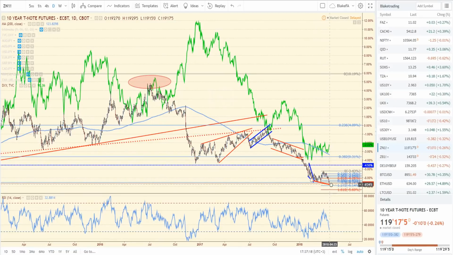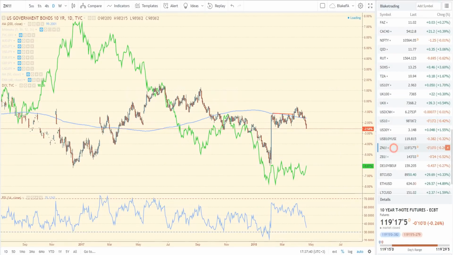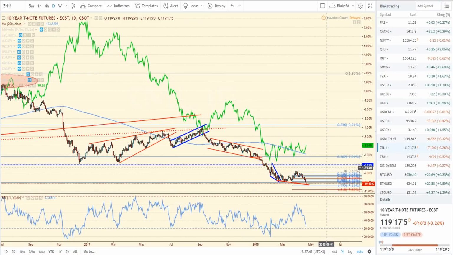But if we're making a new leg lower in bonds and bonds continue to sell off, does that rise in yields, especially if the 10-year yield, which is right here, gets above 3%, actually trigger dollar buying?